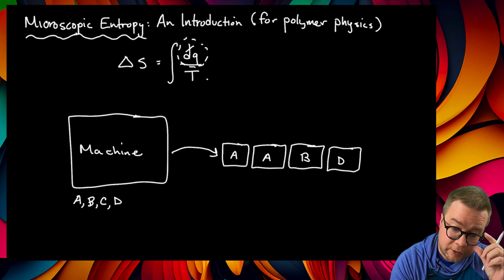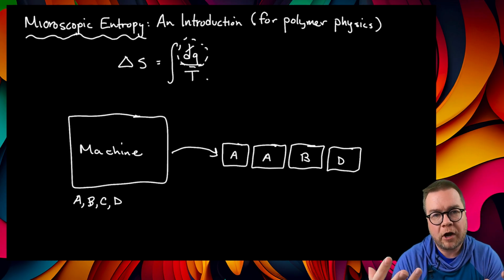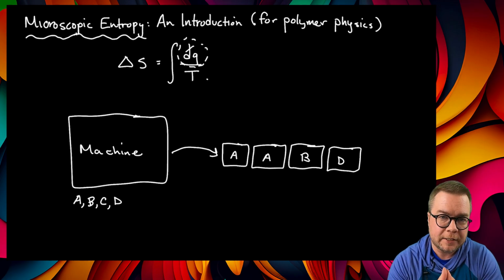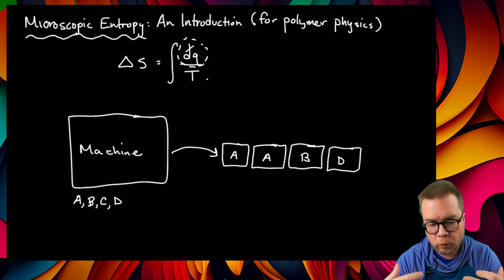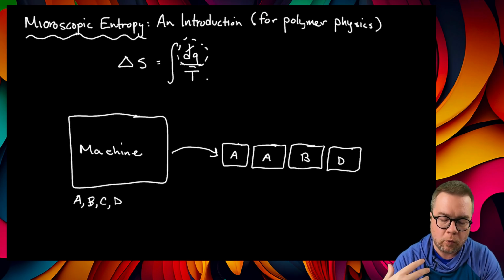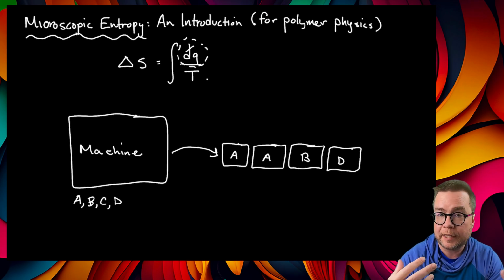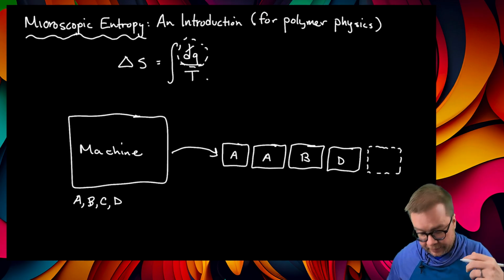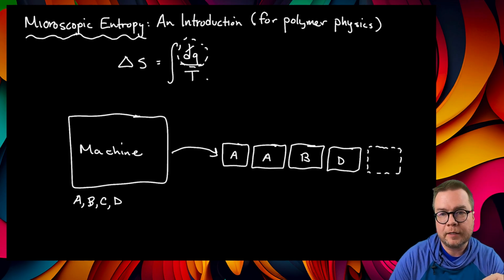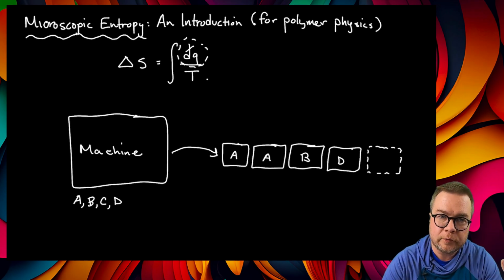So what we would like to do is say, if there's a certain number of options that this machine can give us, and if those options occur with a certain probability, what goes into predicting what the next letter in a sequence would be? Can I predict the next letter in this sequence if I know something about the probability with which those are going to occur?